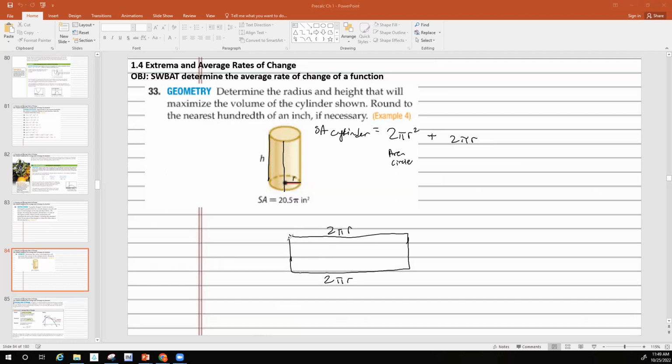The part where you cut down the side is called the height. So the area for that is 2 pi r times h, base times height. That's one way to remember the surface area of a cylinder: the circumference of the circle times the height.